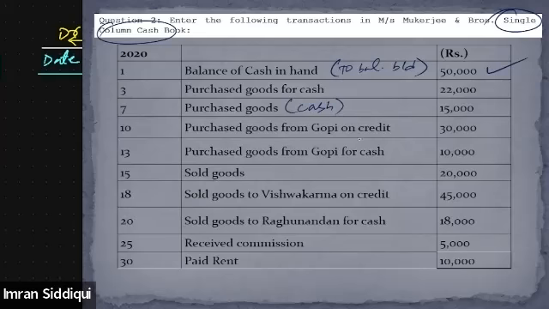Purchase goods from Gopi on credit, purchase goods from Gopi for cash, sold goods to Vishwakarma on credit, sold goods to Raghunandan for cash, received commission, paid rent. All right, everybody, this question is also an easy question. I'm sure everybody will be able to solve it. Do it quickly. I'm waiting for your answers.